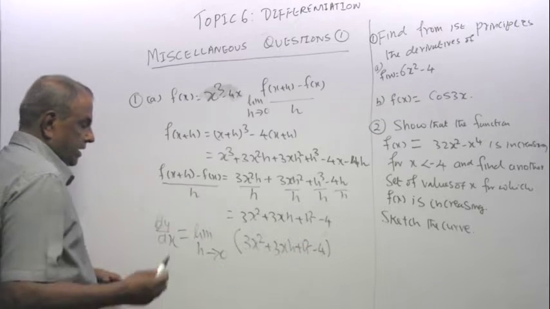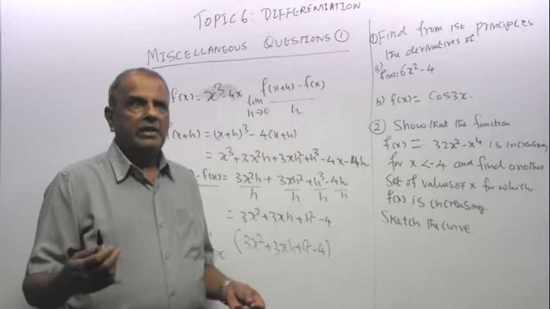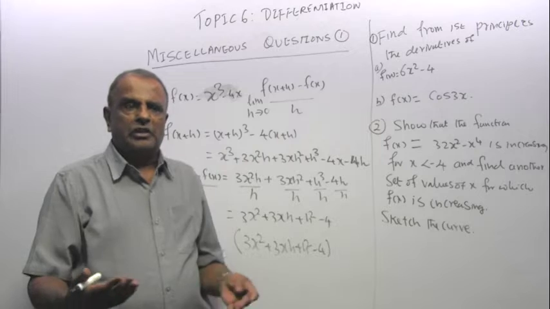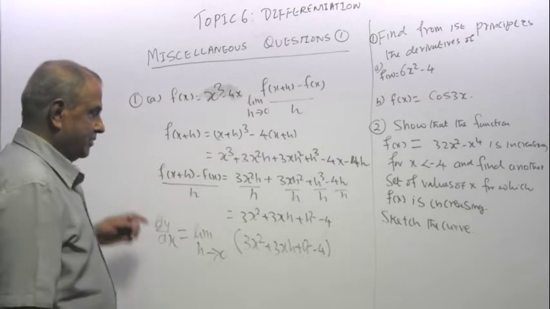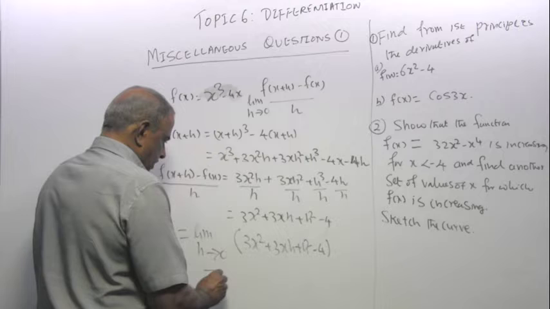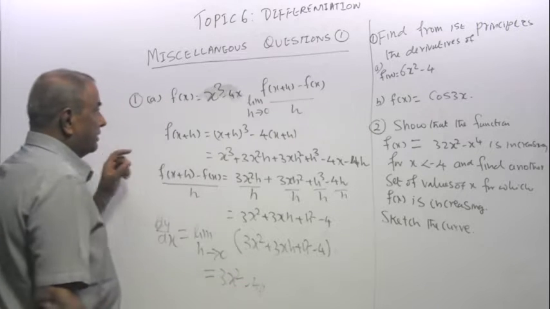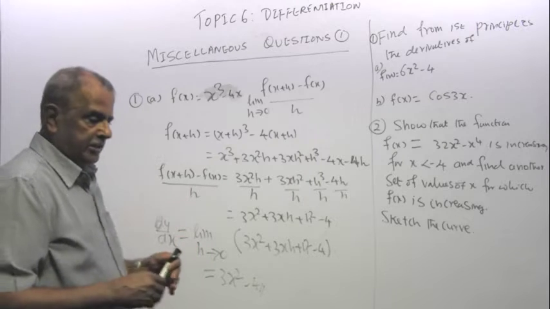Remember, h can never be 0. But h is so small that for all practical purposes, you can assume h to be 0. It is so small you can ignore it. So therefore, that will be 3x squared minus 4, which you would know even otherwise. When you differentiate x cubed minus 4x, you get 3x squared minus 4.